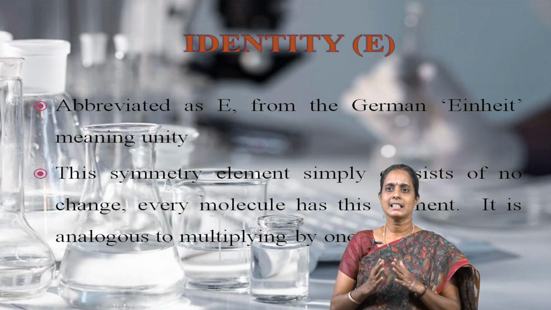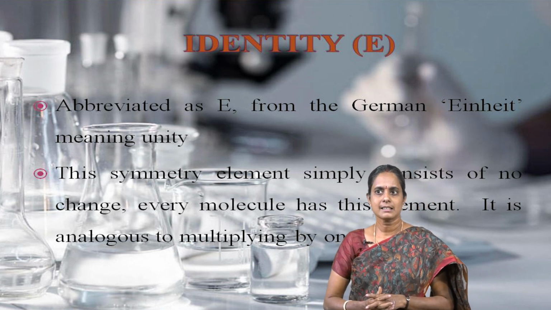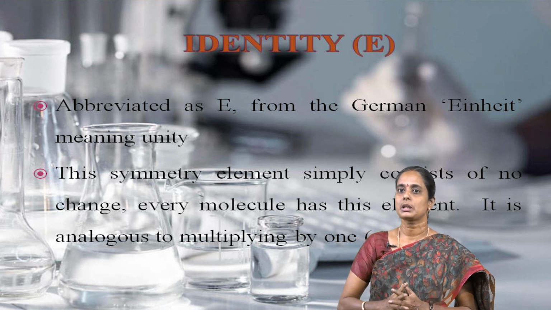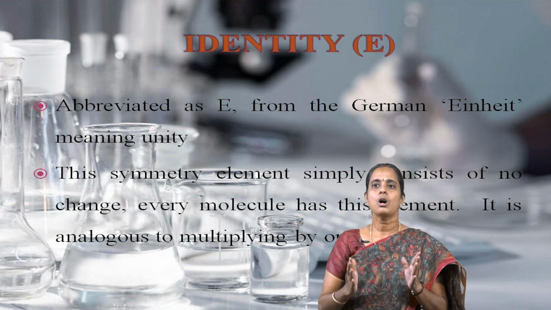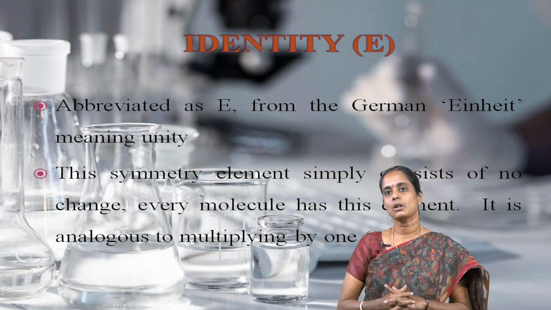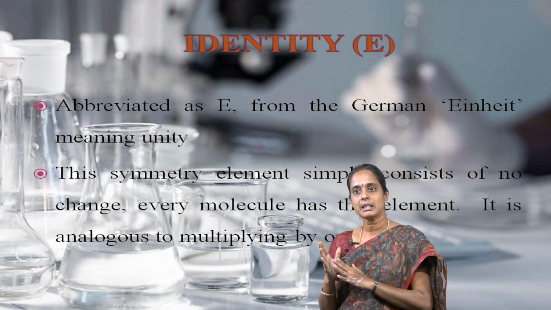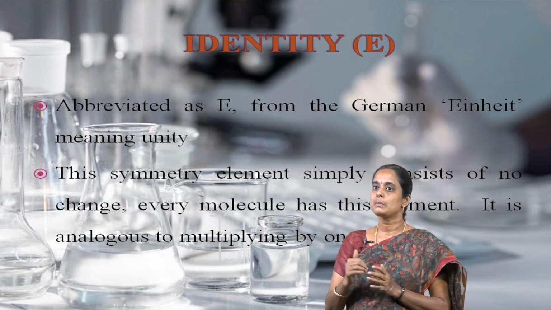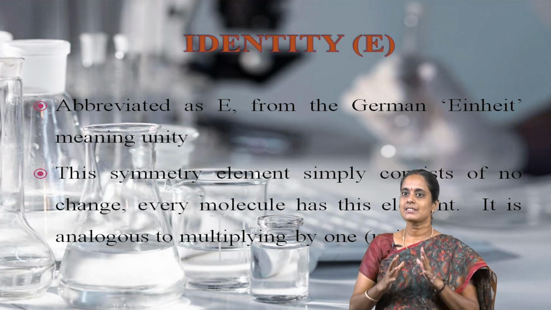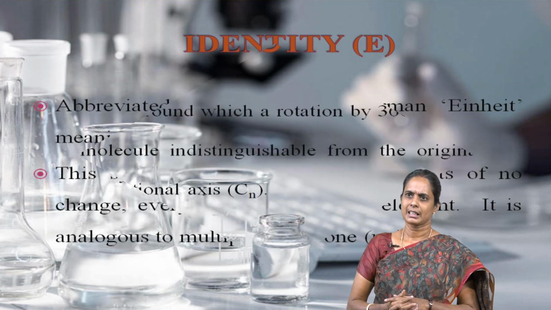That is, identity does nothing and has no effect. The operation brings the molecule back to the original orientation. All molecules or objects possess the identity operation. The identity operation has the same importance as the number unity in multiplication. E is needed in order to define inverses.